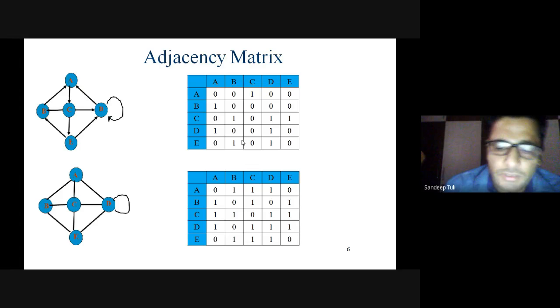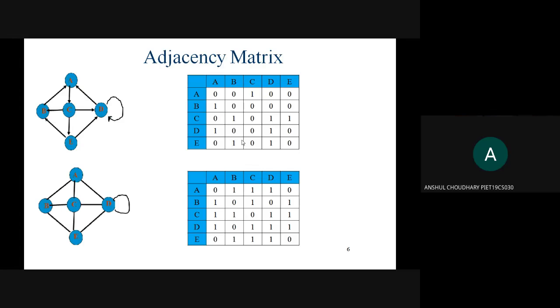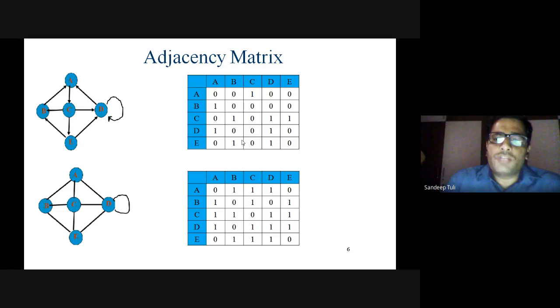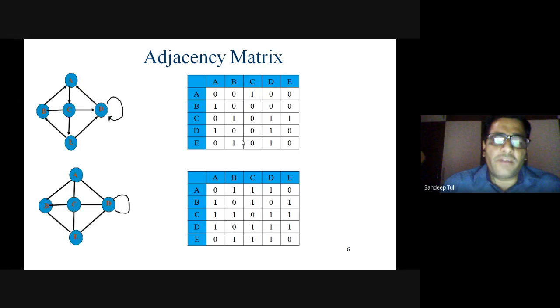Very good. Now tell the definition of symmetric. Anshul, you tell us the definition of symmetric. Sir, when we do the transpose of the matrix, then it becomes the original matrix. Very good. It means that the transpose and the original matrix are the same.